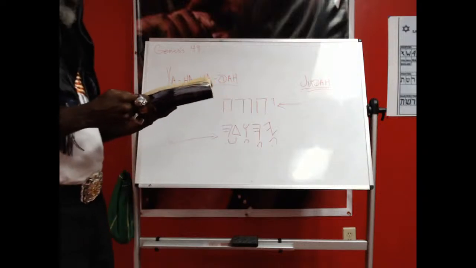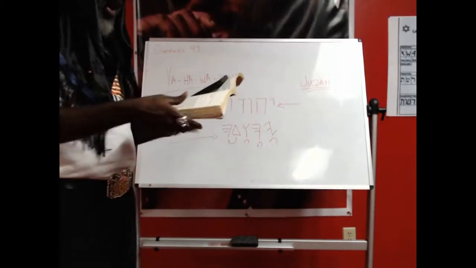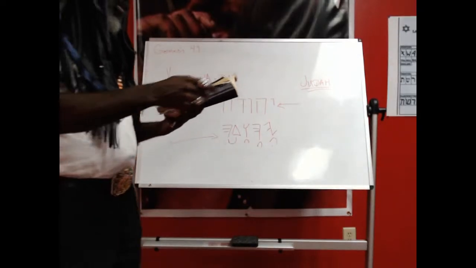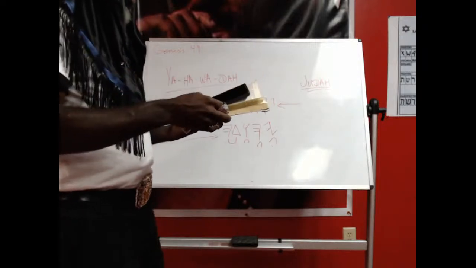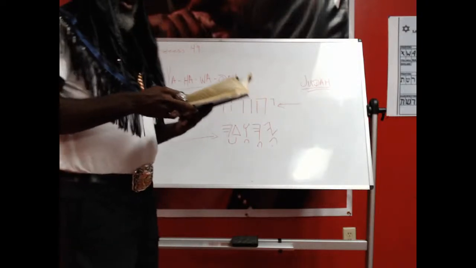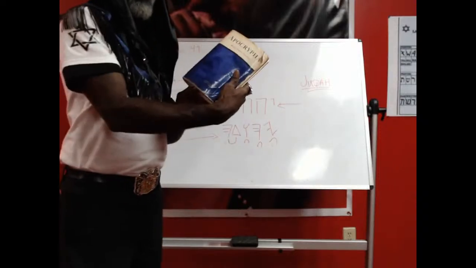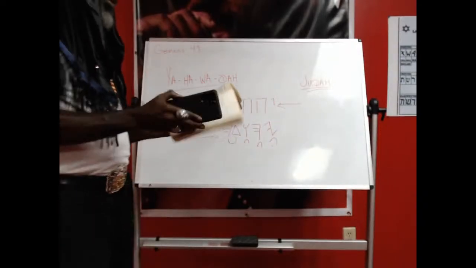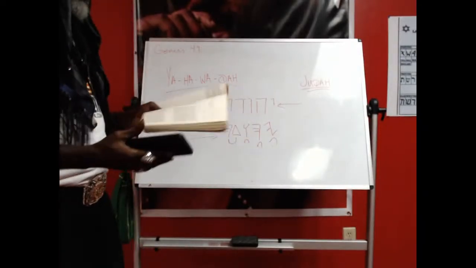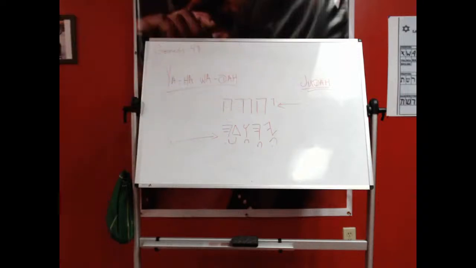It says the prologue of the wisdom of Yahushua, the son of Sirach. Now, if you have a paper Apocrypha, you can find this in the beginning of Ecclesiasticus. Could you read this for me? It says, for the same things uttered in Hebrew.